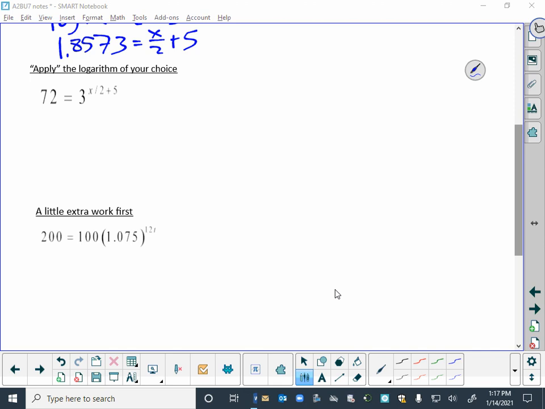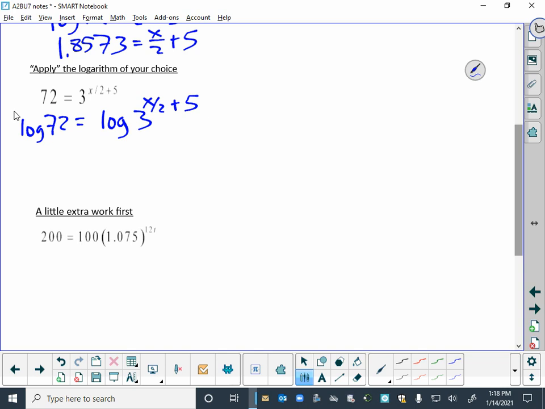So we're not changing the form here necessarily. As long as we do the same thing to both sides of the equation, we should be all right. So we're going to take a log on both sides. We'll do log 72 equals log of 3 to the x over 2 plus 5 power. Okay, well, what does that do for us?